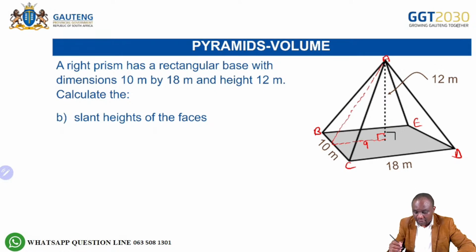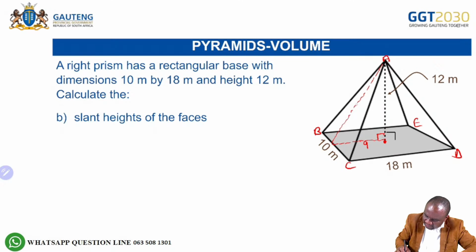For right pyramids, remember, this height is at the center. So the distance there is 9. Right? So we can find the slant height. Let's call it slant height for ABC, which is the hypotenuse.